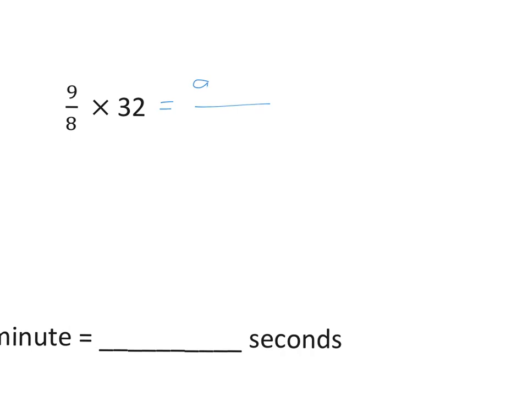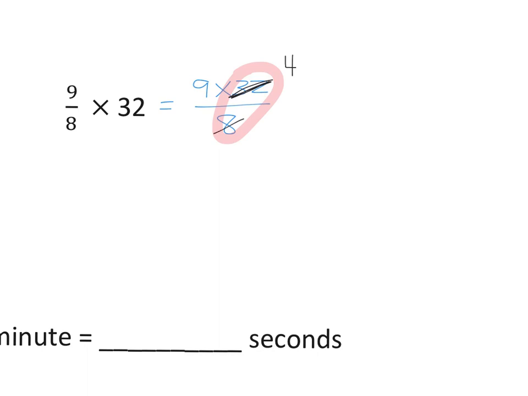So same thing, 9 times 32 over 8. I know 8 is compatible not with 9, but 8 is compatible with 32 because I can count by 8s 4 times to get to 32. So think about it, 32 divided by 8 would give me 4.